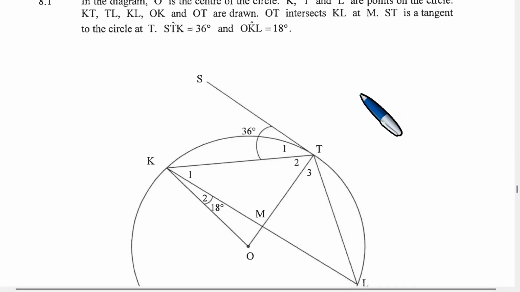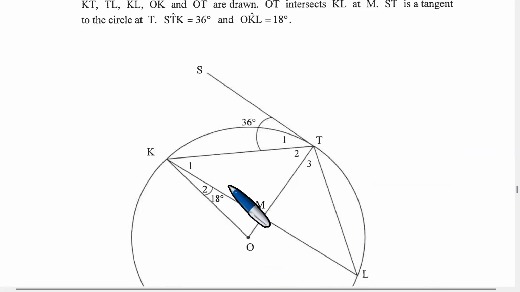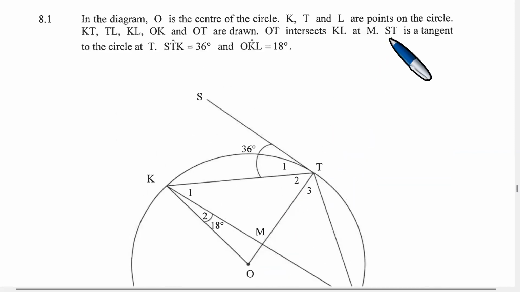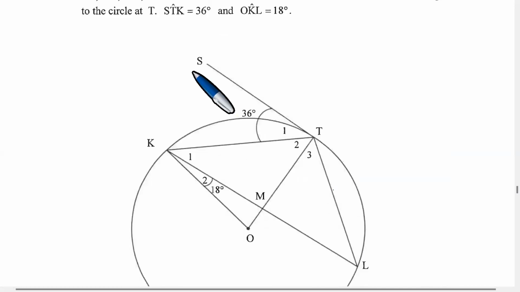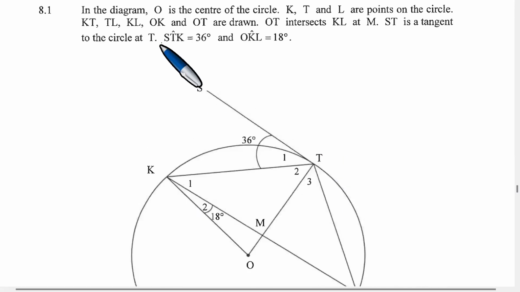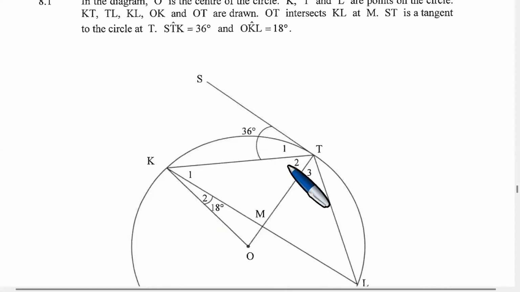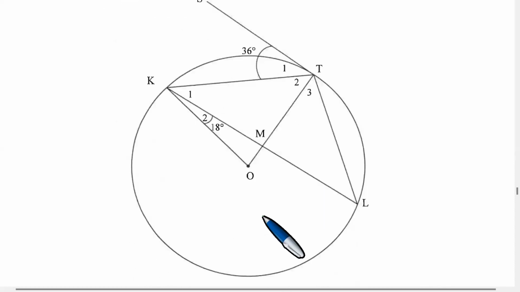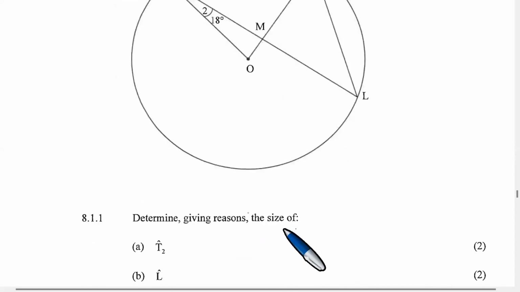OT intersects KL at M. ST is a tangent to the circle at T. Angle STK is 36 degrees and angle OKL is 18 degrees. Determine, giving reasons, the size of the angle T2.